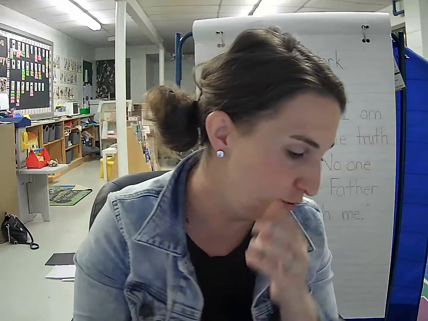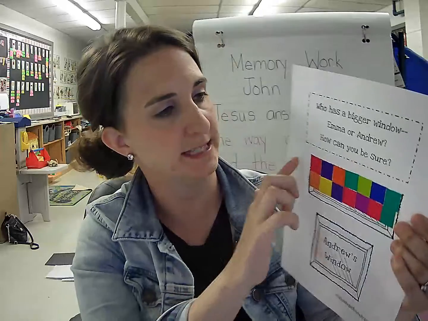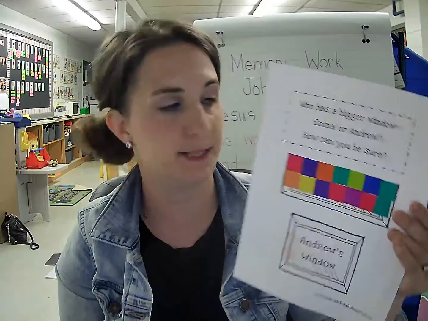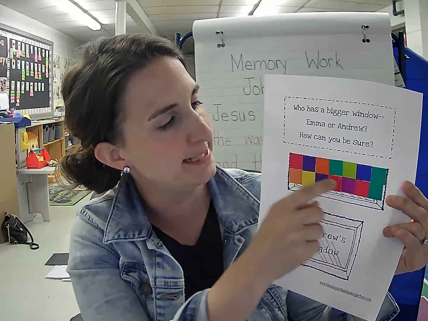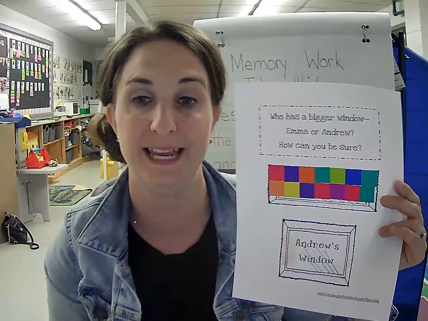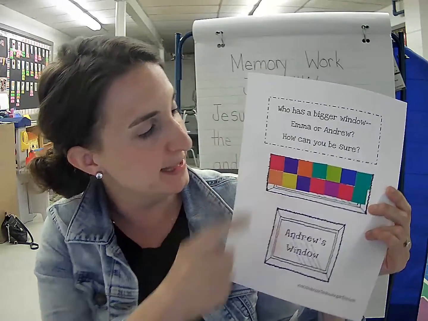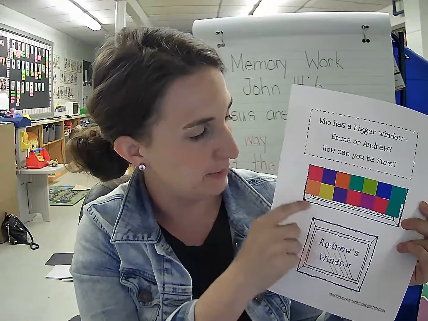Okay, so I want you to look at Mrs. Cummins's one. I have started measuring this long window. So I'm going to show you how many tiles I used. So I used 1, 2, 3, 4, 5, 6, 7, 8, 9, 10, 11, 12, 13, 14. Now, I noticed that these tiles are a little bit bigger than the actual window down here at this part.